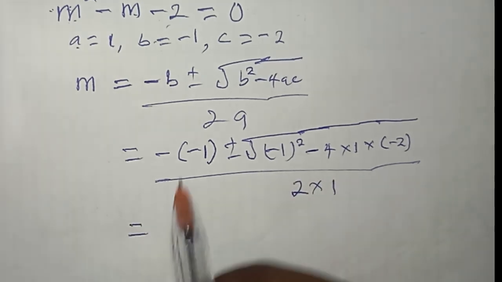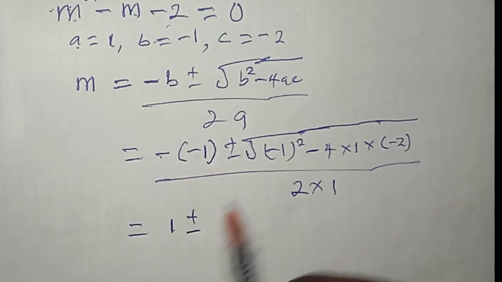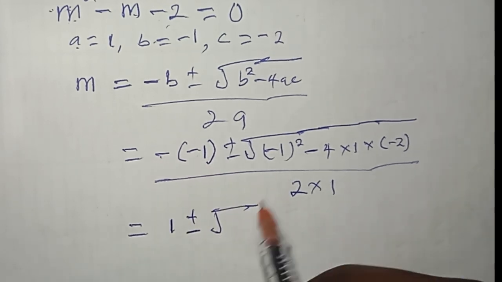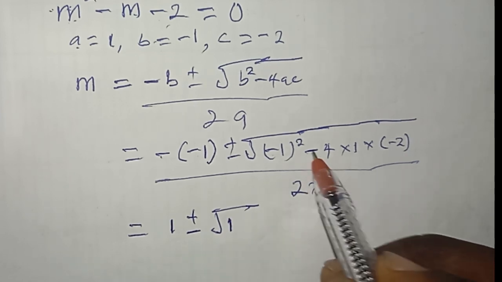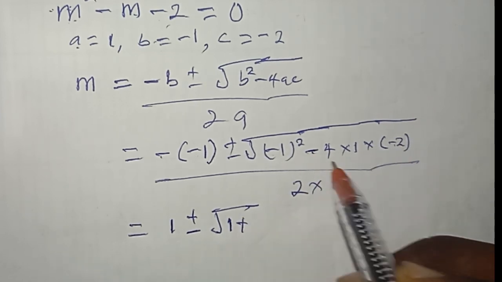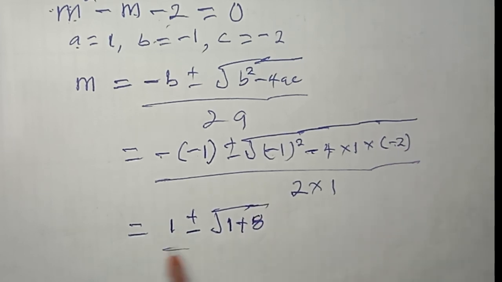So if I simplify, minus times minus here is 1, plus or minus the square root of minus 1 squared is 1, minus times this minus is plus, 4 times 1 times 2 is actually 8, divided by 2 times 1, which is 2.